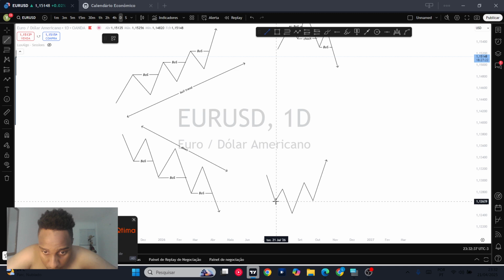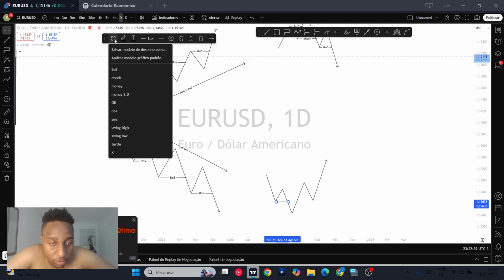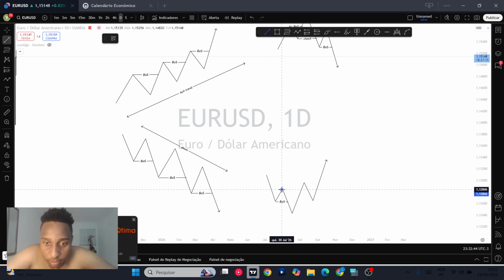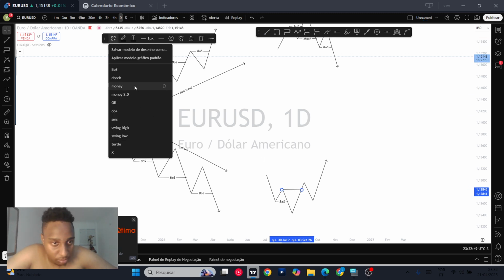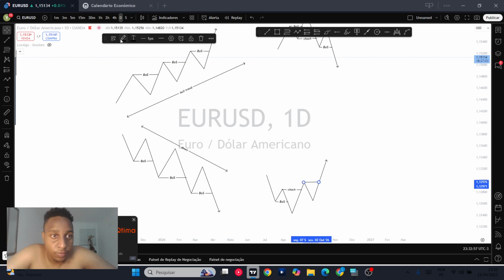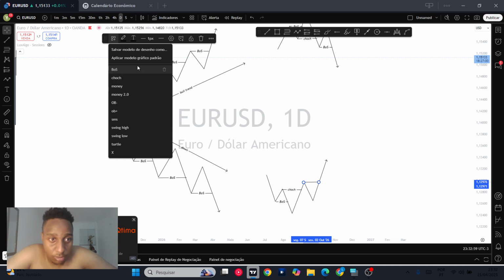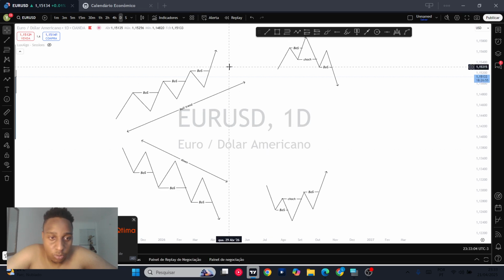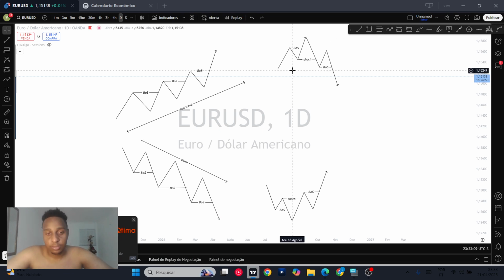Here price broke structure, BOS, and then change of structure, CHoCH, change of character, and then price broke structure and continued to the upside. So this is a continuation pattern, this is a reversal pattern. Save this graph right here, take a screenshot and stuff like that.